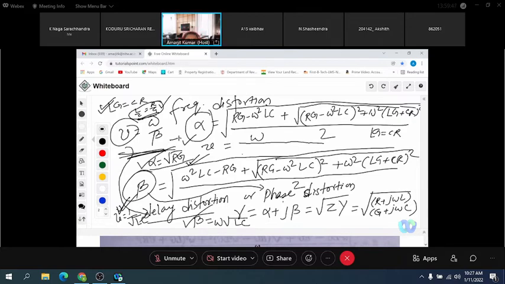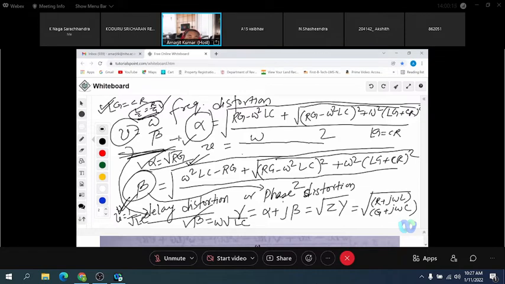Now, you can suggest, okay, G is small, so we can do one thing. To reduce Ryg, we can reduce R. How to reduce R? Basically the formula is R equals rho L by A. So the cross-sectional area of the two conductors should be more, then resistance will be less.